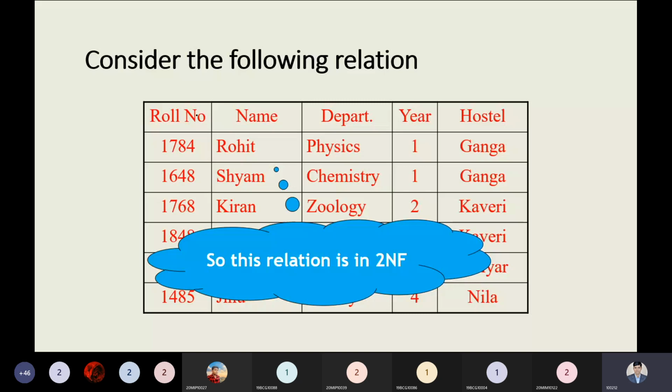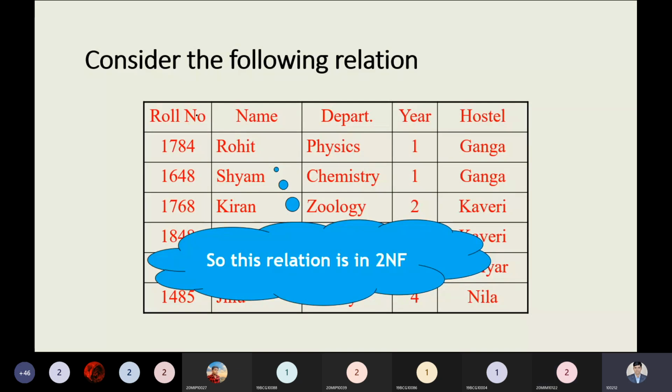Can anyone tell me in one or two statements? Because there is no composite key attribute, the key determines the non-key attributes. All the non-key attributes are dependent on roll number, where roll number is the primary key. So what are the non-key attributes? Name, department, year, hostel.